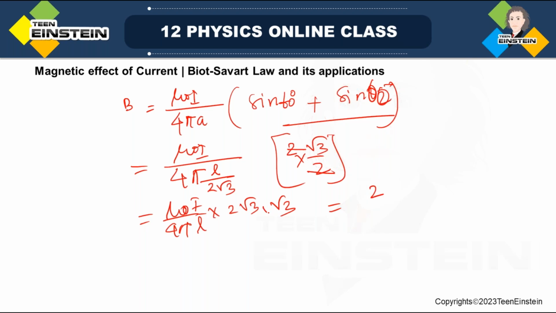So 2 into 3, 6. Root 3 by 2, root 3 by 2, so 6 mu 0 I by 4 pi. This is actually the magnetic field for.